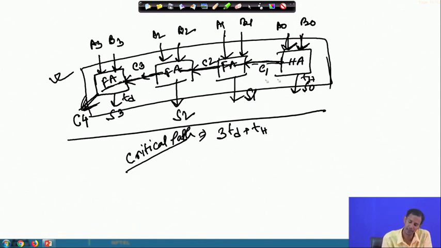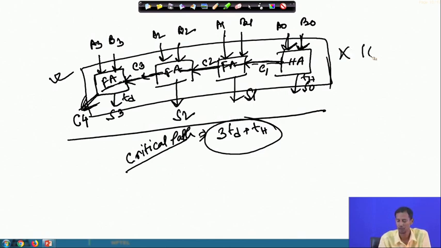So, if I increase this number to 32 or 16 or 64, at that time this will also increase. If I make it 16, at that time it will be 15 Td plus Th.